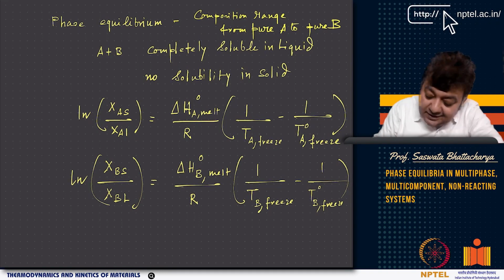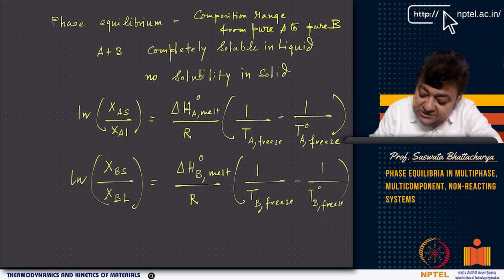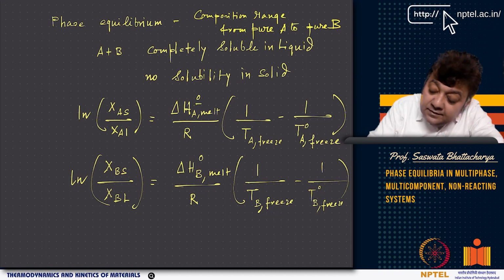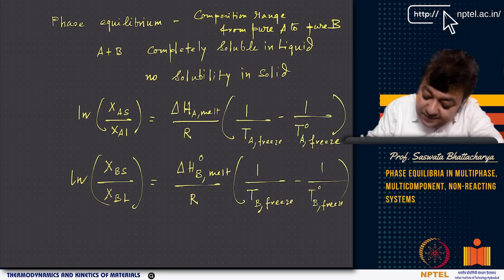So if I look at ln X_A^S by X_A^L, we get this equation, right? Delta H_A^0 melt is the relative partial molar enthalpy of component A, right? But there is a 0, so basically this is the change in molar enthalpy of component A. So this is delta H melt only, right?